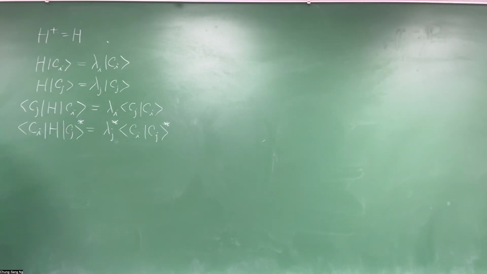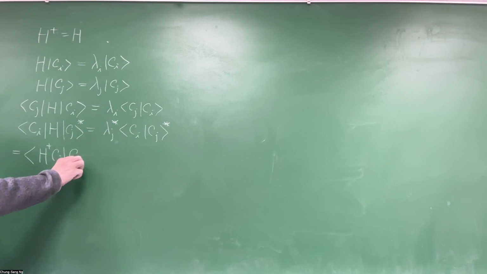But before we reverse the order, because we want both as j and i, we use the property of the adjoint for the left-hand side, because x operates on this one. I mean, like before we talk about, we don't have the second bar, but imagine there's no second bar. This x will move to the other side, become x dagger here. C sub i, C sub j. Right.